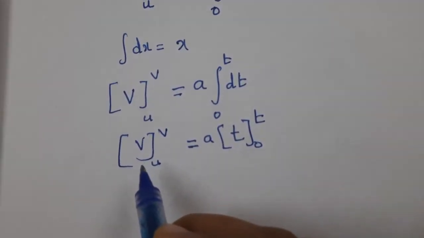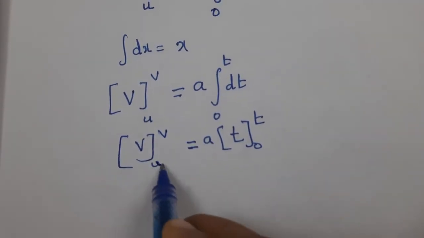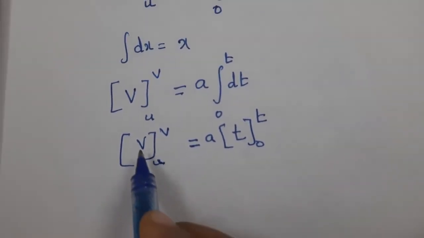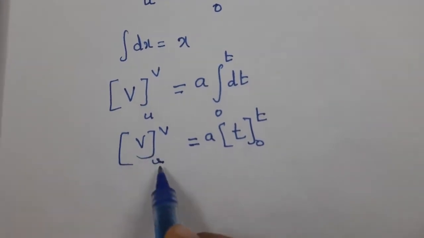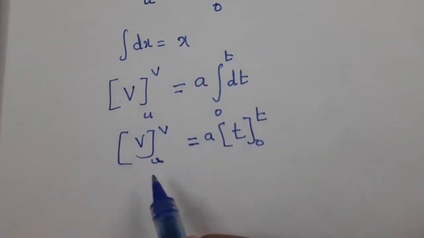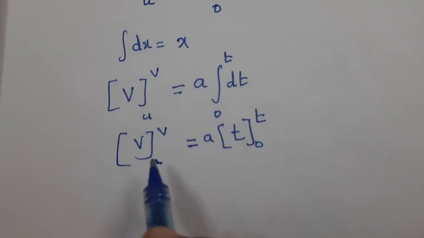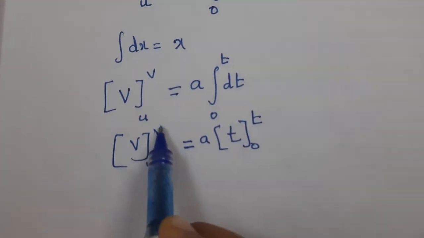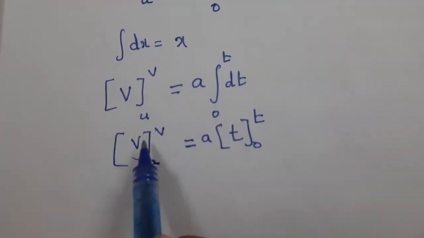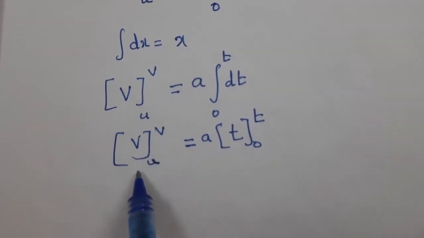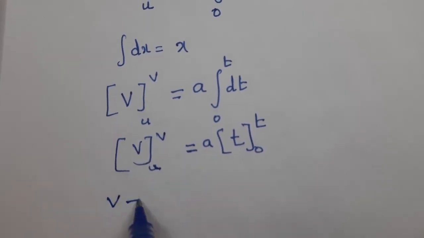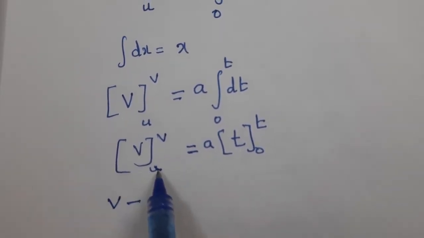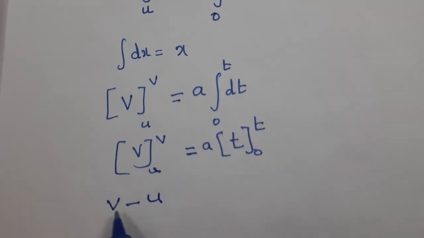Now, in this integration process, we have to put this limit. When you are doing this integration, first we should apply the upper limit of this quantity, then minus the lower limit. Listen here, instead of this v, first put the limit v, minus, instead of this v, next put the limit u. This is the process.